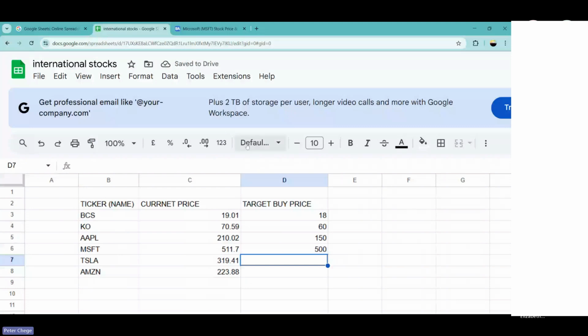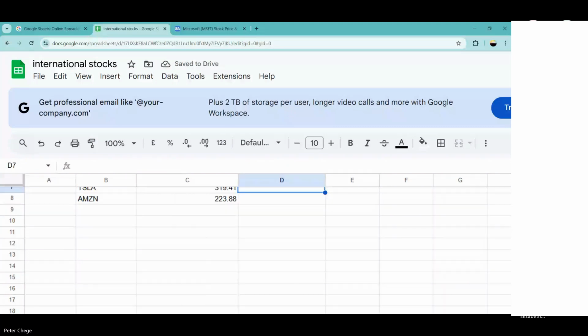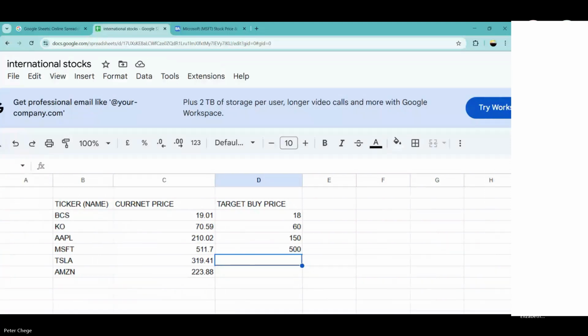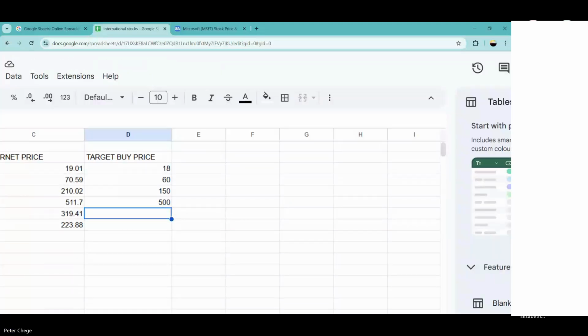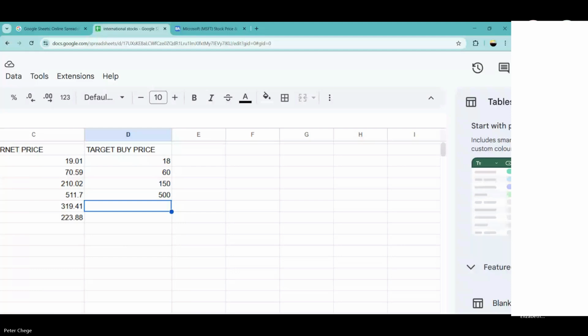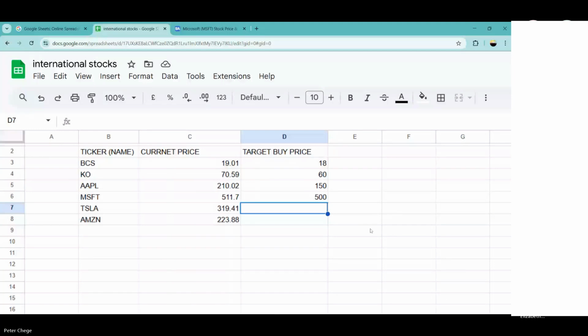Let me scroll it up. Let me close these. So when it goes to 300, I can buy. Then this other one, maybe when it goes to 200.